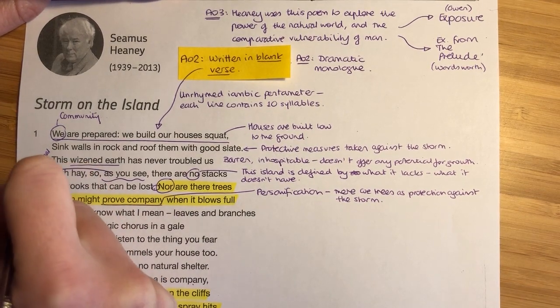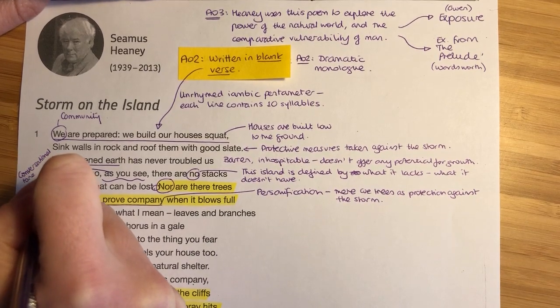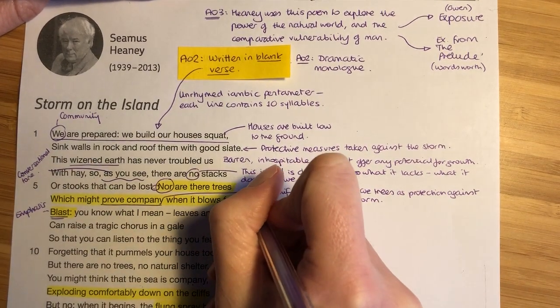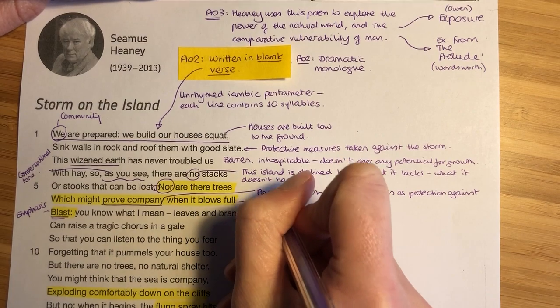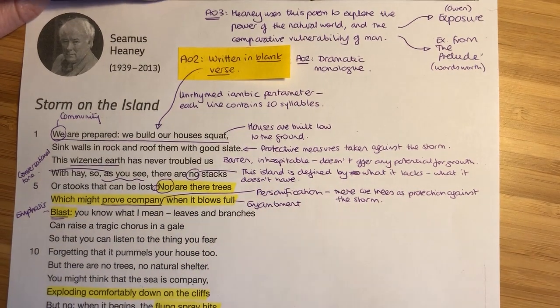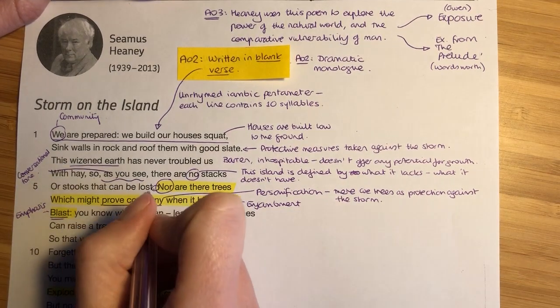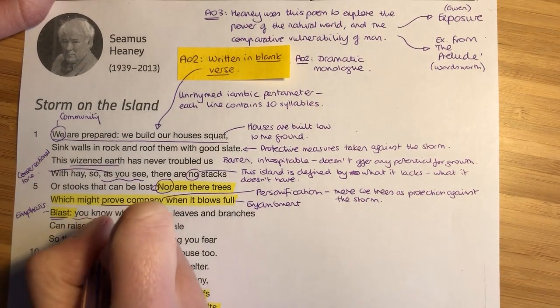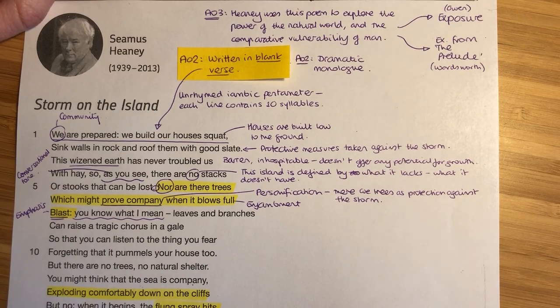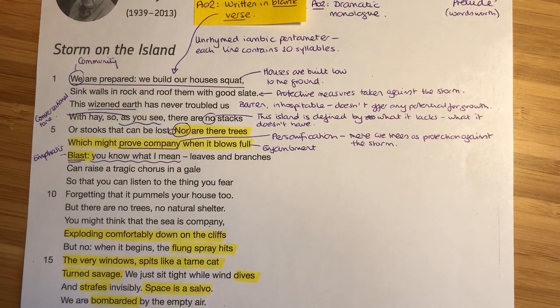So we have this sense of emphasis created by that enjambement. So it puts the stress on that next word. And then again, we have this slightly conversational, you know what I mean, as if again we're being spoken to directly.